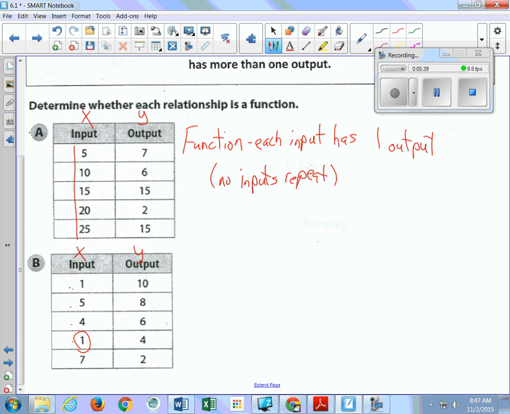No. 4, no. 7, no. But we do have one number that repeats, so it is not a function, because input 1 has more than one output.